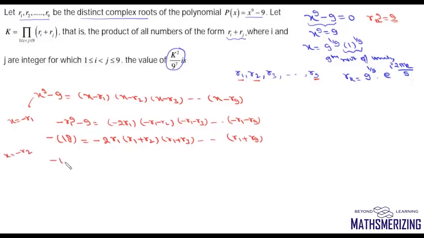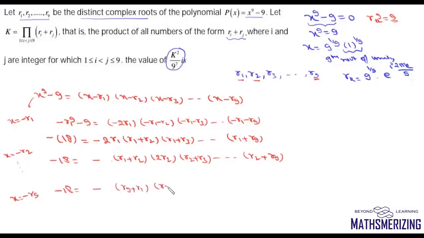Then again we'll get minus 18, and then here we'll get r1 plus r2, 2r2, r2 plus r3, r2 plus r9. We'll keep doing it till r9, and then again we'll get minus 18, and here will be r9 plus r1, r9 plus r2, r9 plus r3, and then 2 times r9.